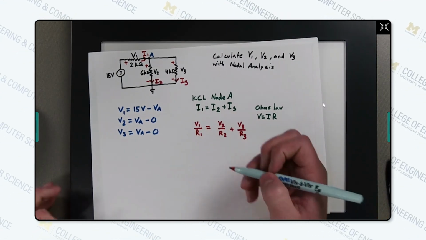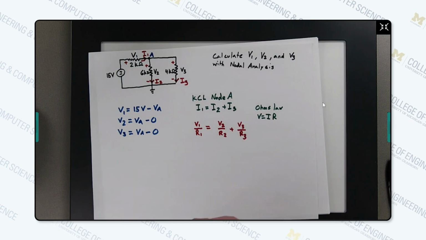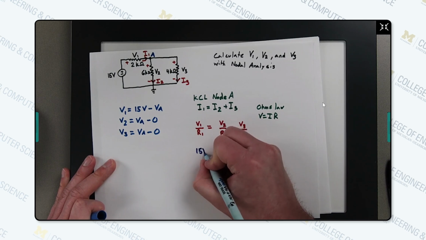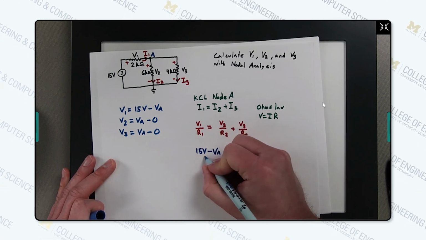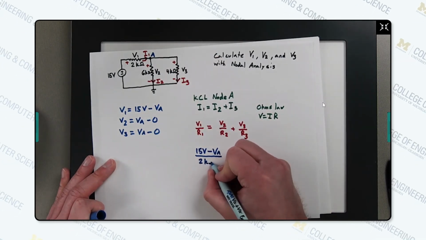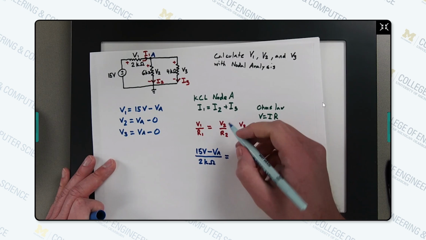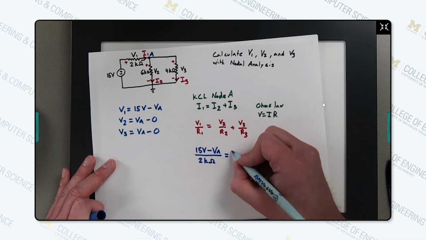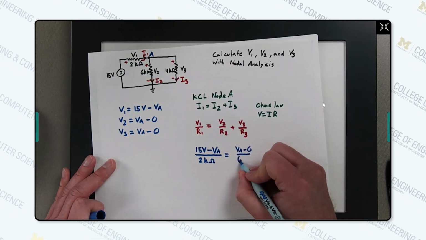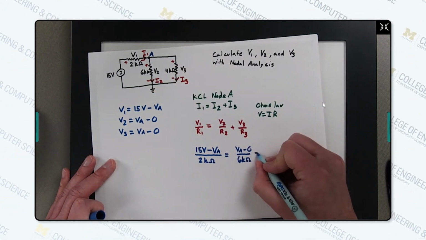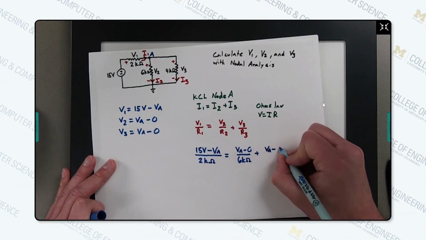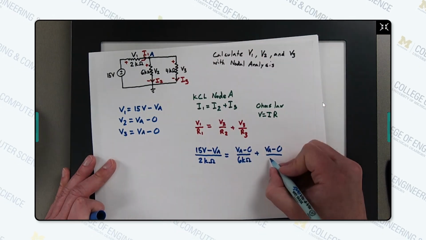So let's do that, let's use a different color. V1 equals 15 volts minus VA over R1, which is 2 kilo ohms, equals V2 over R2, which is VA minus 0 over 6 kilo ohms, plus V3, which is VA minus 0 over 4 kilo ohms.